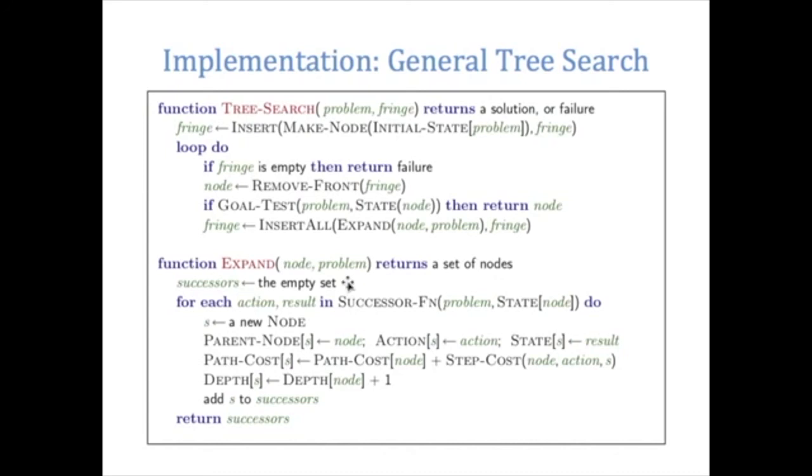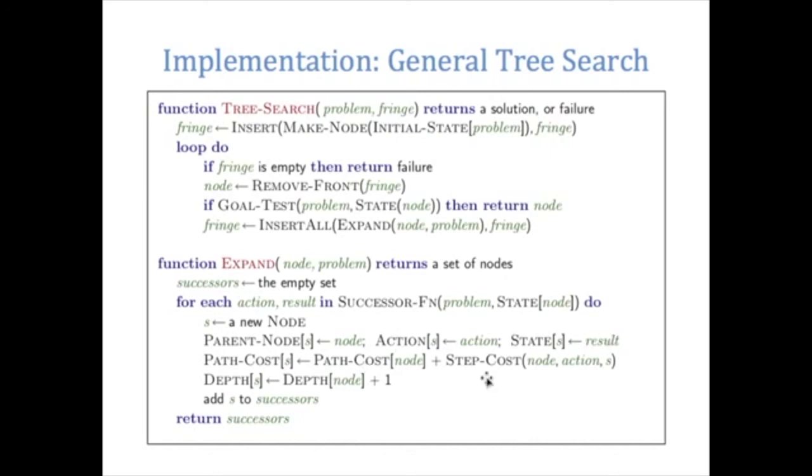So we start out by initializing successors as the empty set. And for each action and result in the state space, that is, from this node we can take some action to go to a successor state, we create a new node, we set the parent to be the current node, we set the action to be the action that gets us there, and we have this new state that's the result.